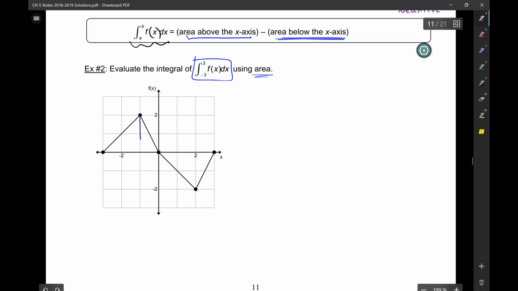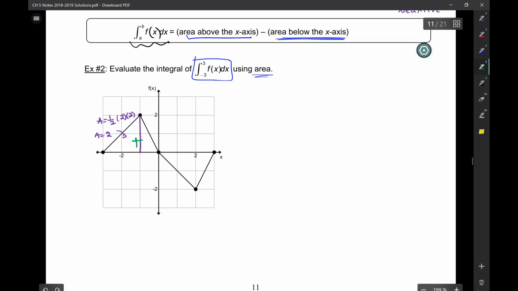So here, I'm going to split it up. The area of this one is half times 2 times 2, so area is 2. This entire region is above the x-axis, so the area there is positive.